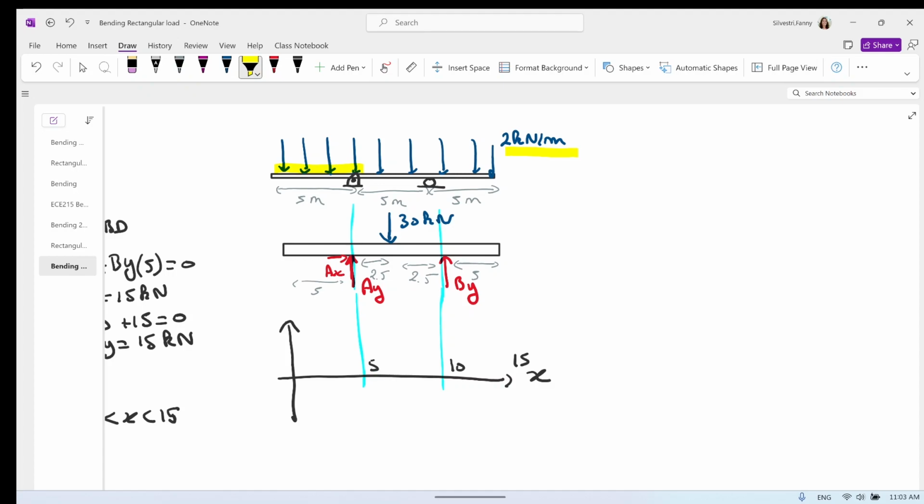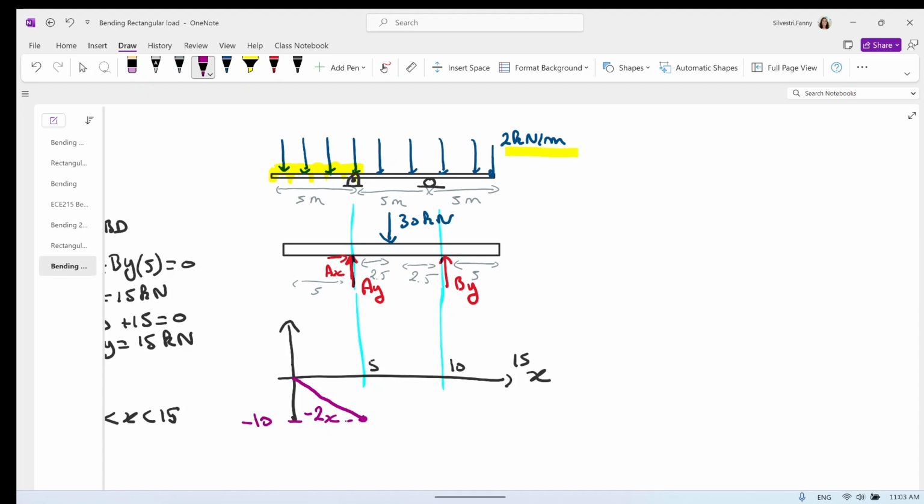At the very beginning, we have 0 force, and every meter we add 2 kilonewton. So it will look something like this, getting down, getting down, getting down. This slope is -2, so -2x. And we stop at 2 times 5, so -10. So this point there will be -10.